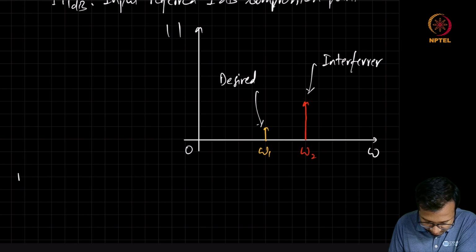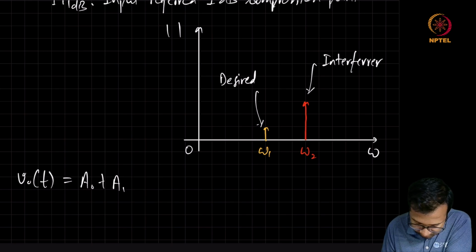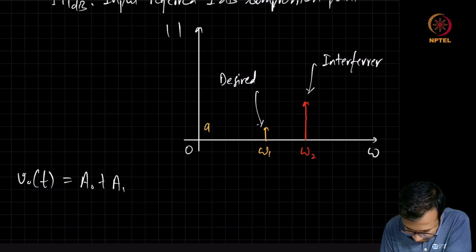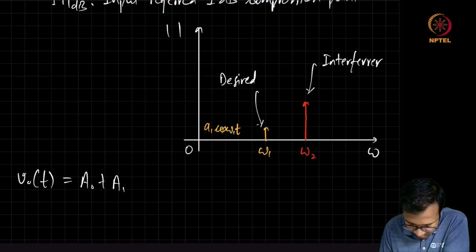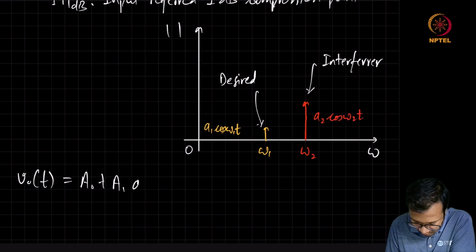Let's say the nonlinearity is still third order. Then we expect that V out is going to have this A0 plus A1 times the input. Then we have these two signals. So let's call this one A1 cos omega 1t, and this one A2 cos omega 2t.